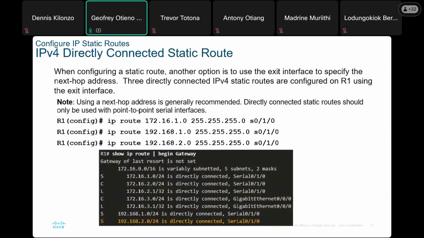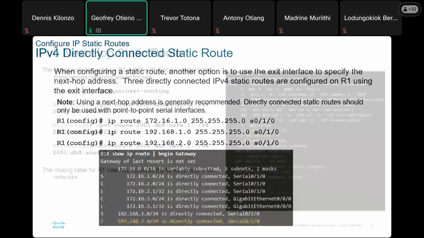other. Now, you can have a directly connected static route. With directly connected, you replace the IP address with the serial interface.